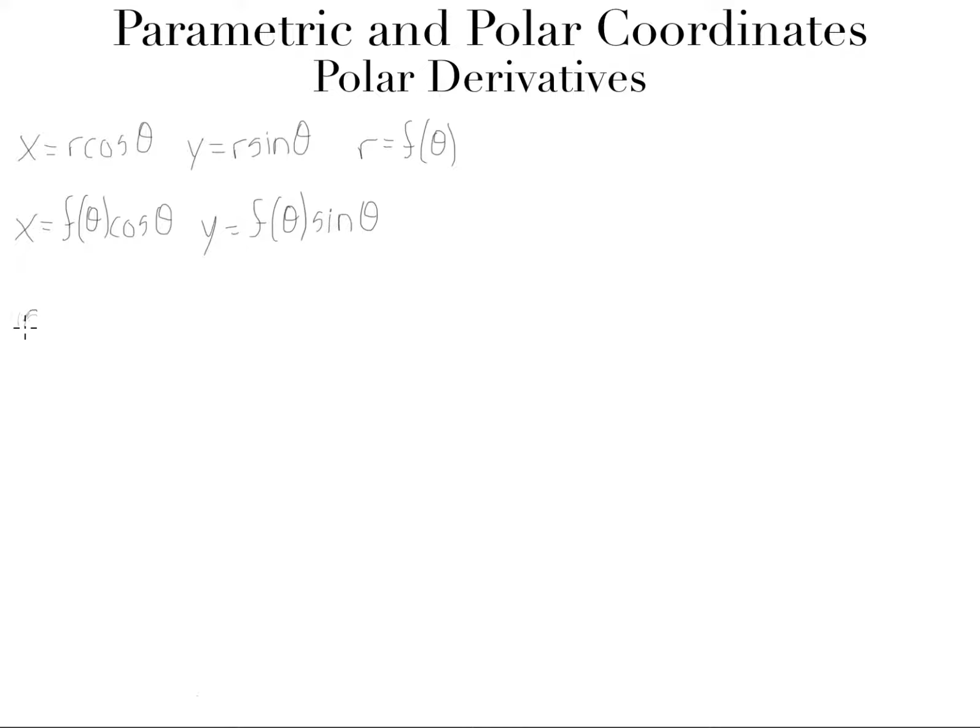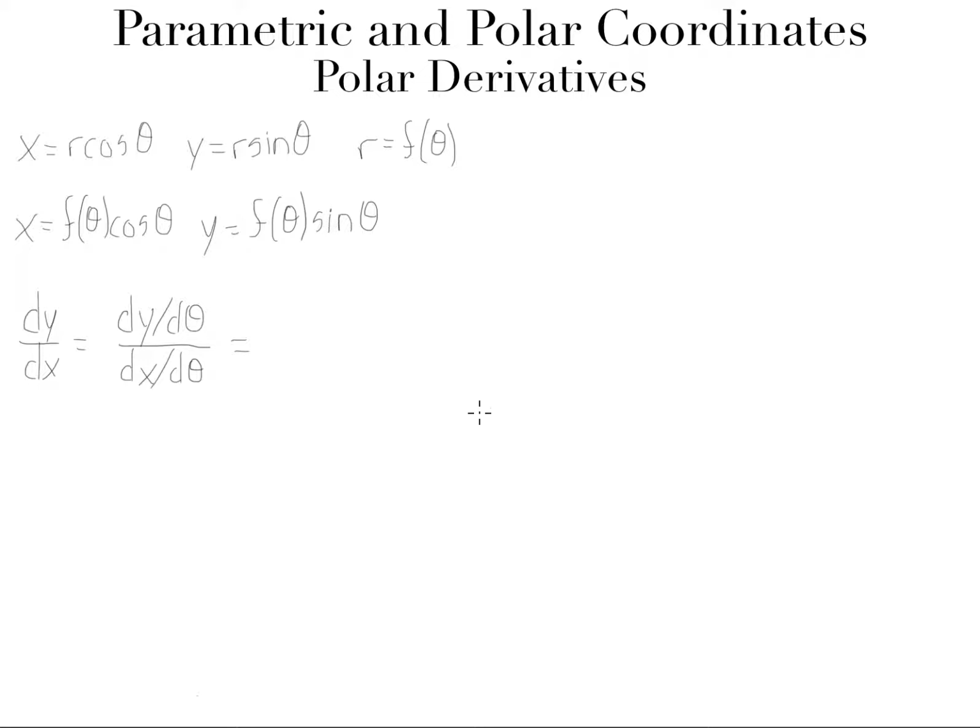So therefore, the derivative dy/dx should just be what we had for the parametric derivative, but this time with respect to theta. So dy/d theta over dx/d theta. Right? Note that for parametric coordinates we had dy/dt over dx/dt, but here our variable is theta.